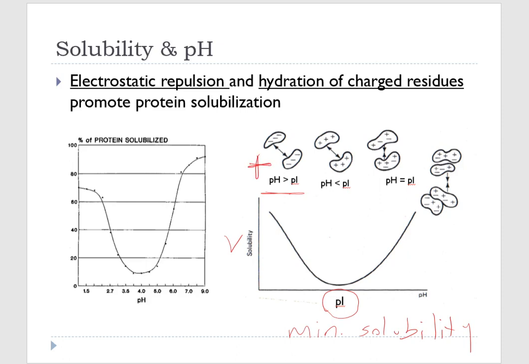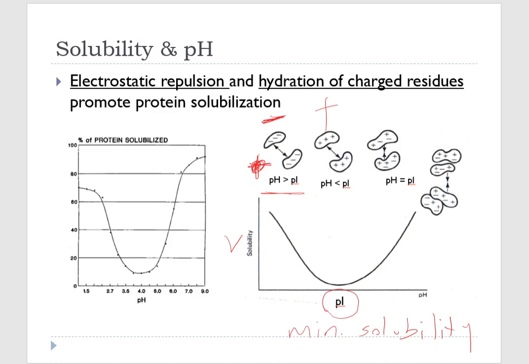So here, when the pH is below the isoelectric pH, the net charge of the protein is positive. Sorry, it's already written here, positive and negative. Okay.